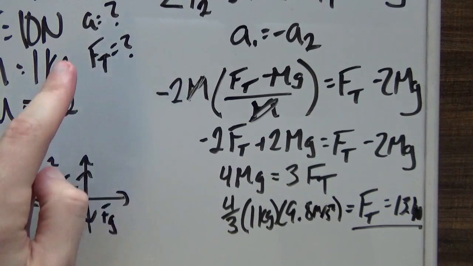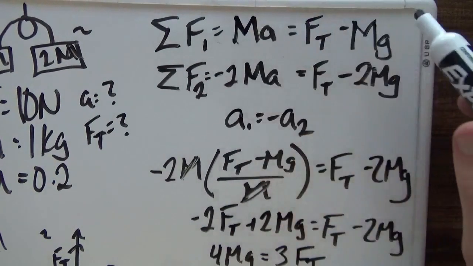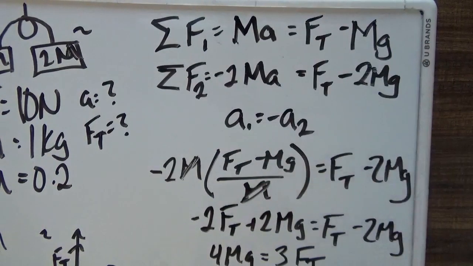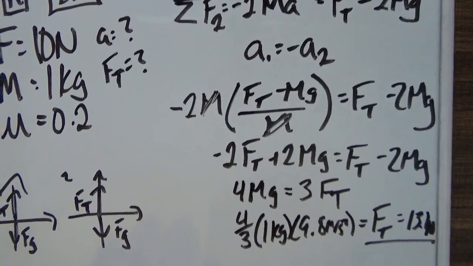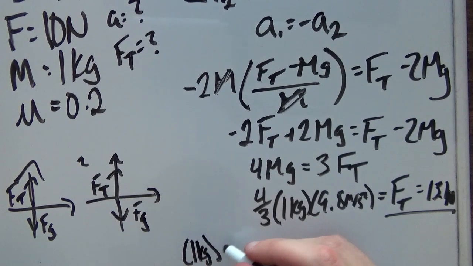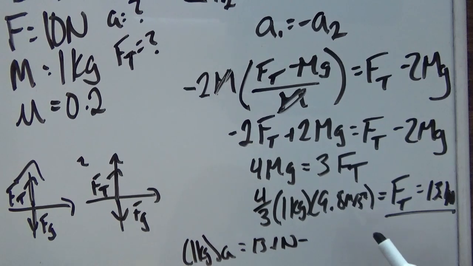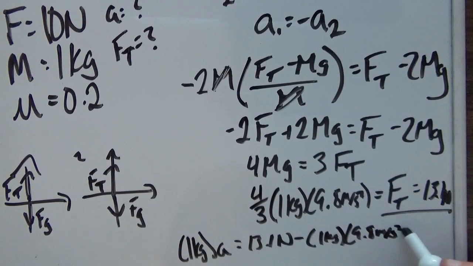Then we also need acceleration. So just plug it in back up here again, say in the first one. So MA is equal to FT minus mg. So mass, 1 kilogram, times acceleration A is equal to FT, which is 13.1 newtons, minus mg, 1 kilogram, times 9.8 meters per second squared.